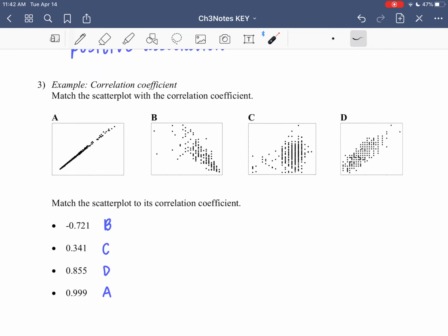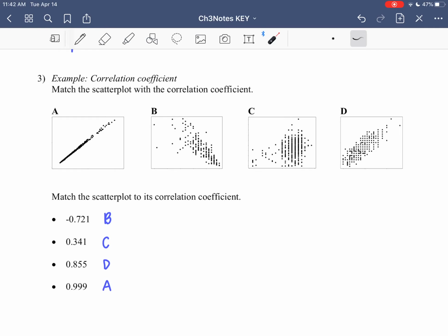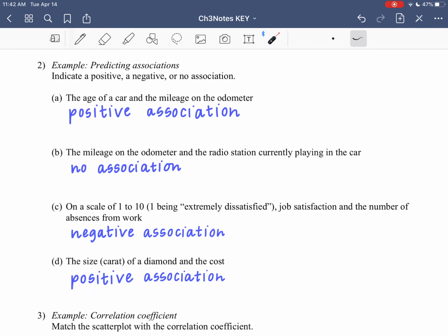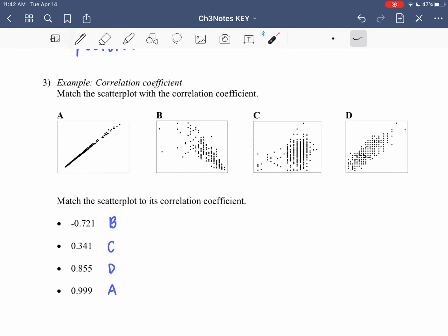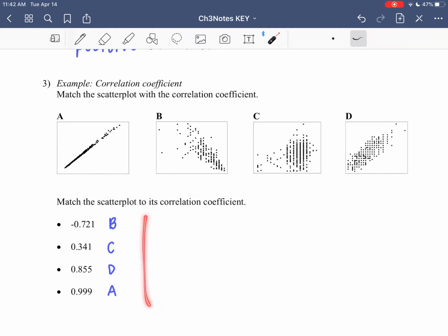And then in number 3, I've given you 4 scatter plots with 4 correlation coefficients. I would encourage you to take some time to go through each of those examples and make sure that you understand why each of these relationships are what they are, and that you can match each of these correlation coefficients, each of these is an R, with the corresponding scatter plot.